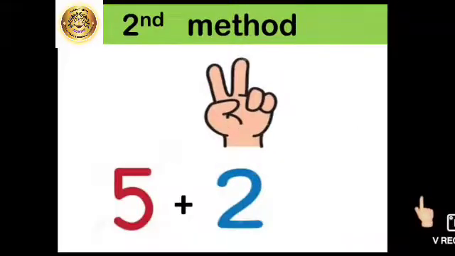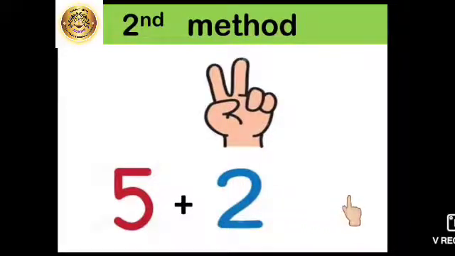But now children, we will learn the other method of adding, that is by counting forward. Let's see. If you want to add 5 plus 2, first you have to see which number is greater. Here 5 is greater than 2. So you take out the fingers of the smaller number.